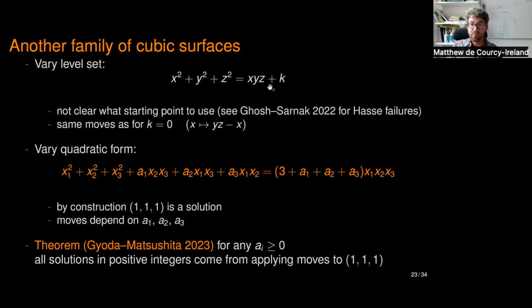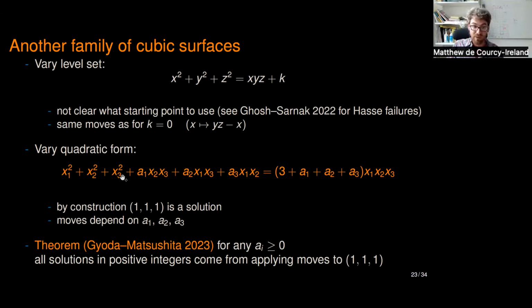So if you just take Markov plus k, it's not clear what starting point to use instead of 333 or 111, depending on how you normalize. If the constant were 0, you could just take 333 here. But for other k, we don't know where to start. So Ghosh and Sarnak studied Hasse failures. I think k equal to 46 is the first time there's a Hasse failure. There might not be any integer solutions, so it's really not clear where to start.